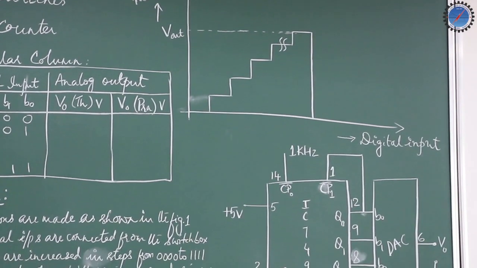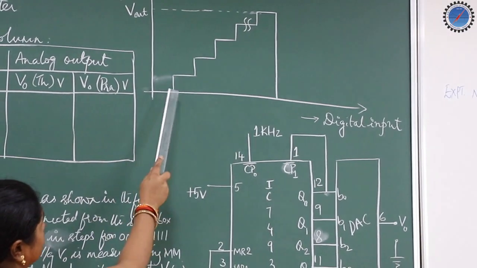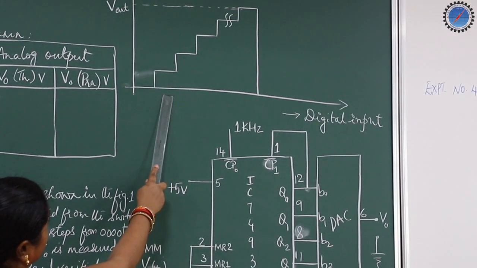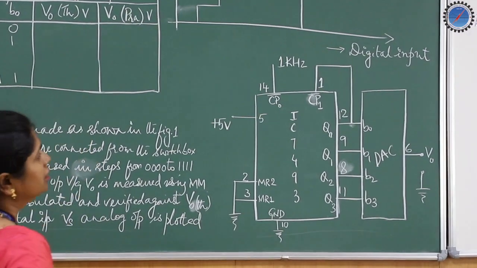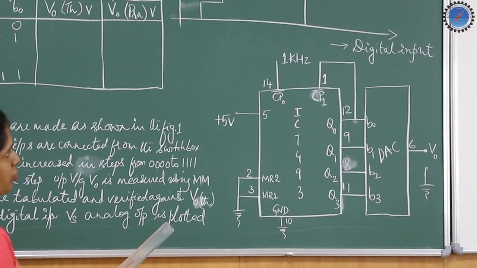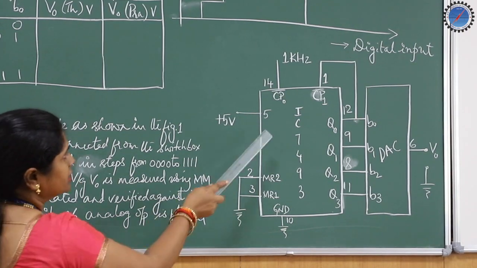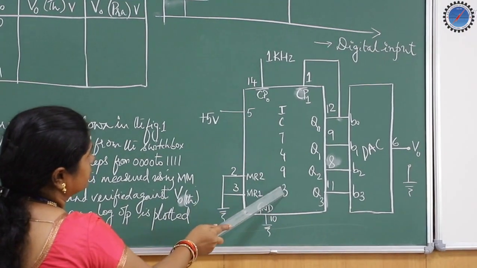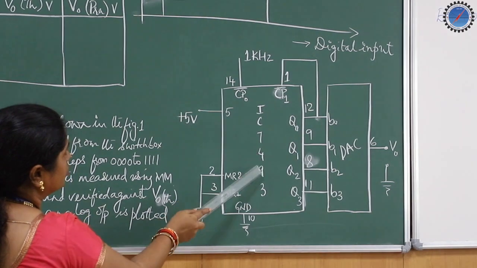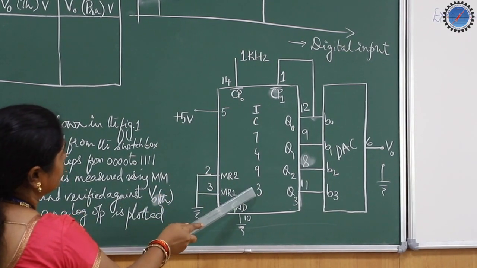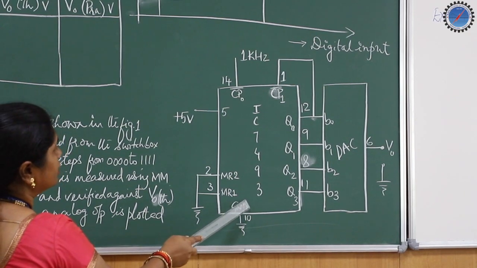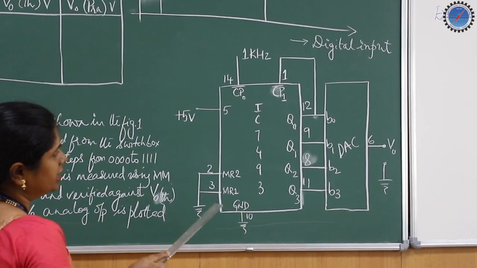Now this is what you plot manually. But if you want to practically observe the staircase on the digital oscilloscope, then we need an IC 7490, which is a mod 16 counter IC. Using this, you can generate a staircase on the oscilloscope.